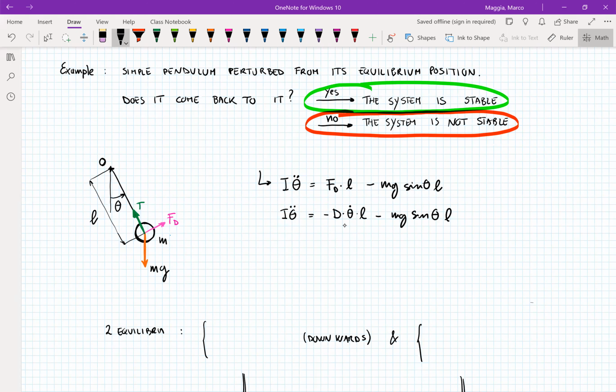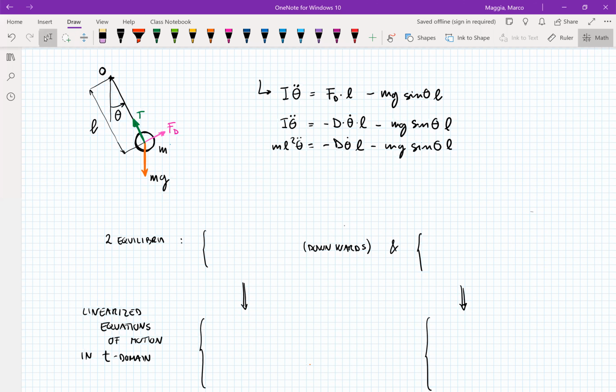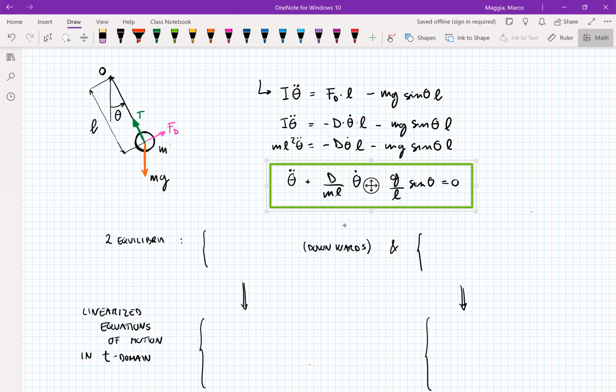The inertia of the pendulum I, in this case, is equal to ml squared. And so dividing everything by ml squared, we have theta double dot plus d over m times theta dot plus g over L times sine of theta is equal to 0. So here we have the nonlinear equations of motion for the simple pendulum.